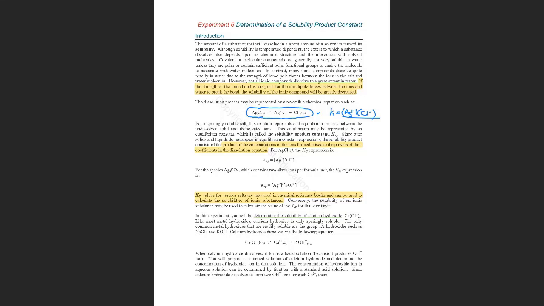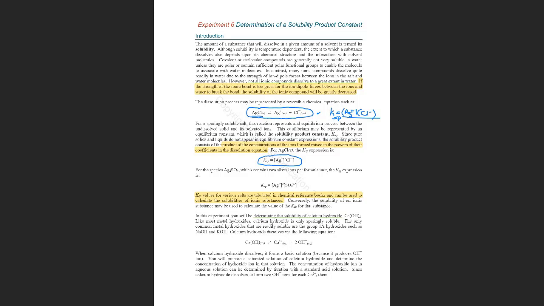So that's why the Ksp is basically the equilibrium constant expression for the dissolution of an ionic compound. So here is the expression of the Ksp for silver chloride. This is something you have already seen.